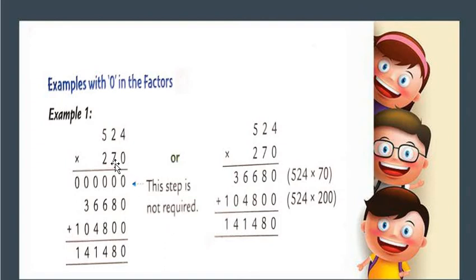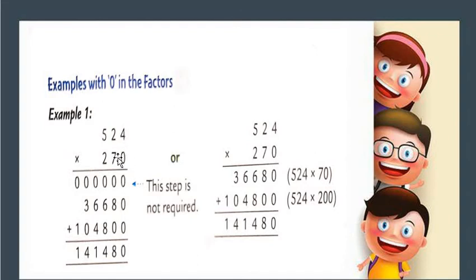Directly we do the table, we break first of all. Okay, what to do in a further sum? We break up the number. I will teach you like that. 524 we are not breaking here, we break up the number 270.